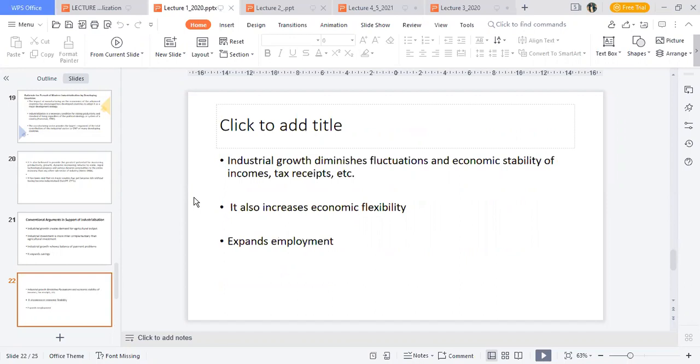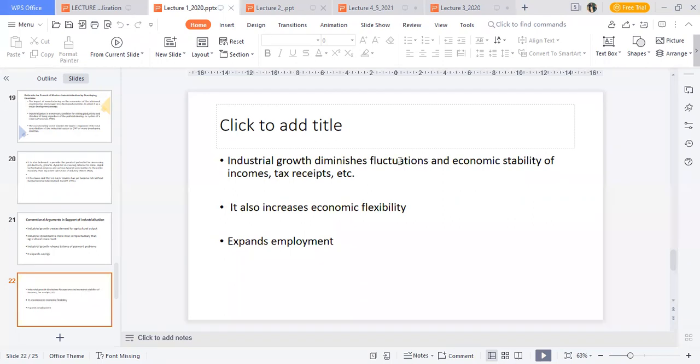Industrial growth diminishes fluctuations and economic stability of incomes, tax receipts, and others. It also increases economic flexibility and it expands employment. So when they ask you what are some relevance or uses of industrialization to developing countries, you can add these points. It expands employment. It also increases economic predictability. It promotes industrial growth, diminishes fluctuations.